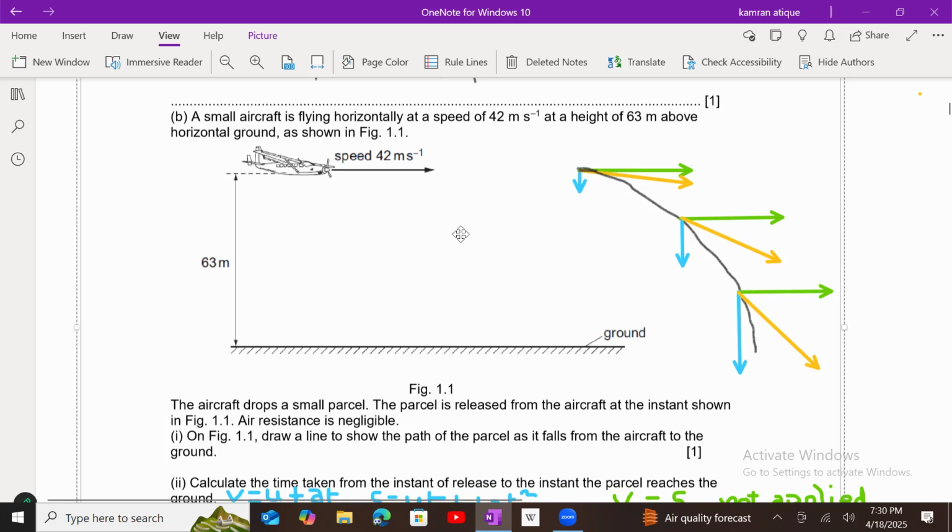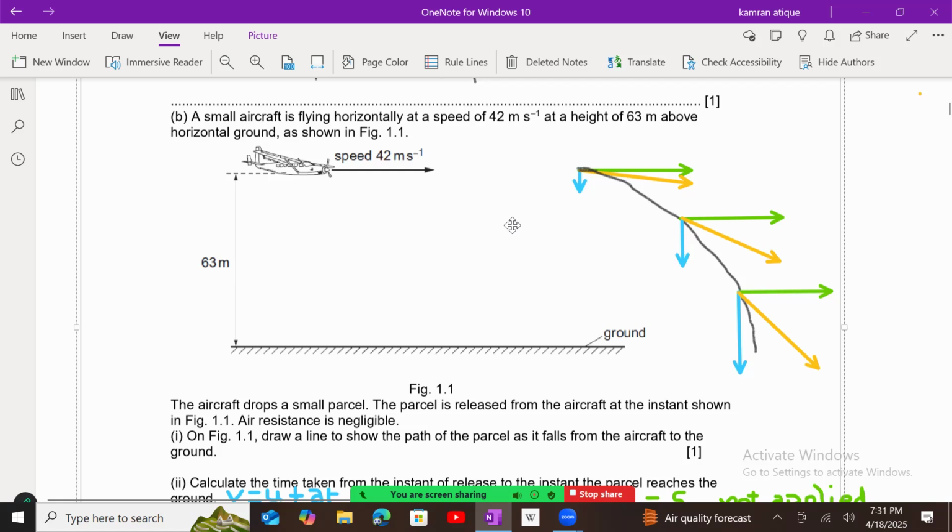So overall, these are the four vector quantities which are extremely important in the solution of most of the questions of kinematics. I repeat the names of those vector quantities: displacement, velocity, acceleration, and force. So, beta, as you have seen yesterday, there wasn't any force in the horizontal direction.